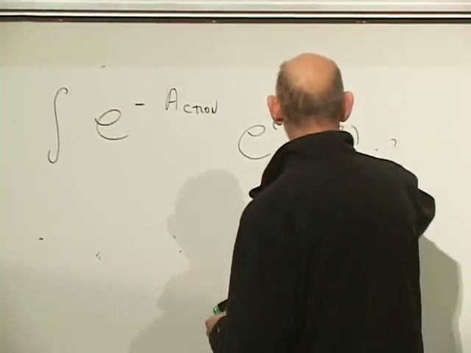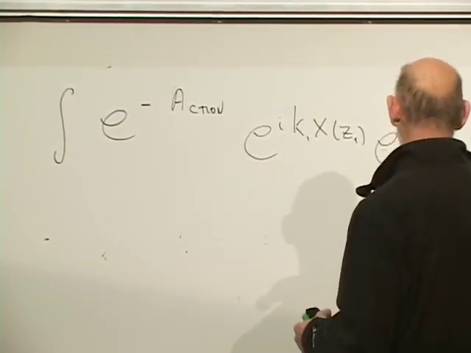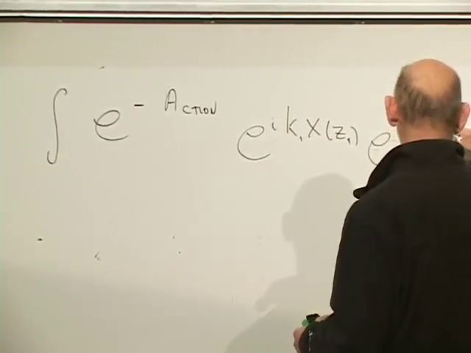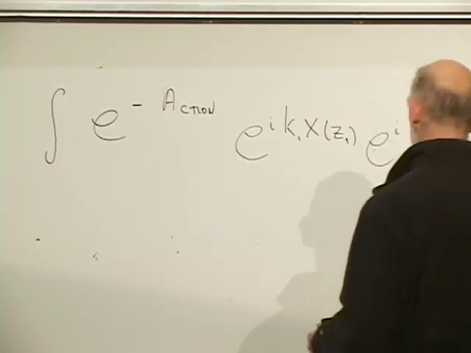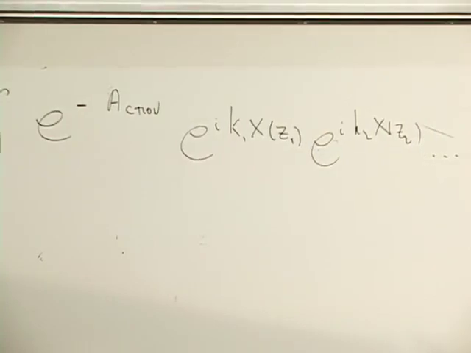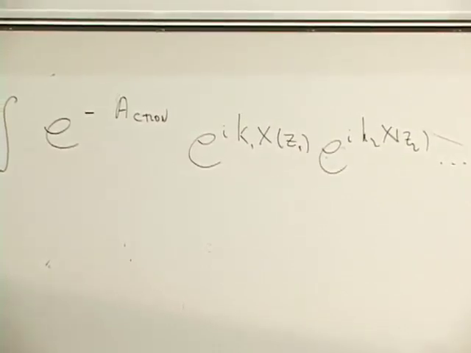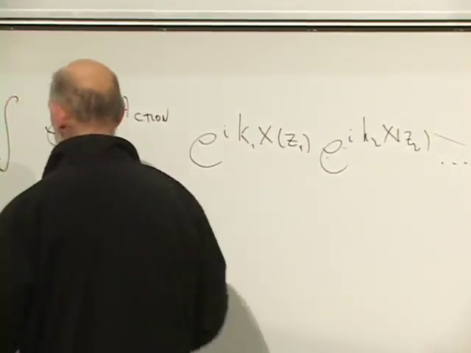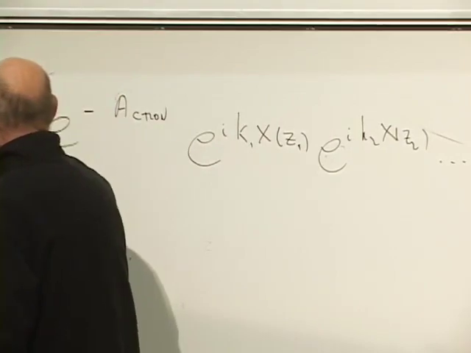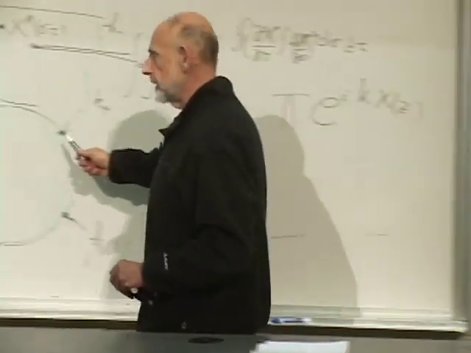E to the i k1 x of z1, e to the i k2 x of z2, dot dot dot for each external particle, where the z's are the positions on the disk where the momentum is injected. This is path integrated and then integrated over the locations where the momenta are injected.